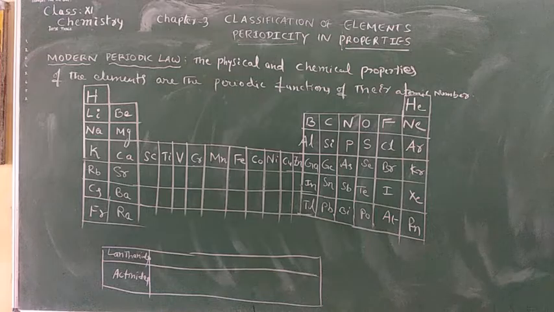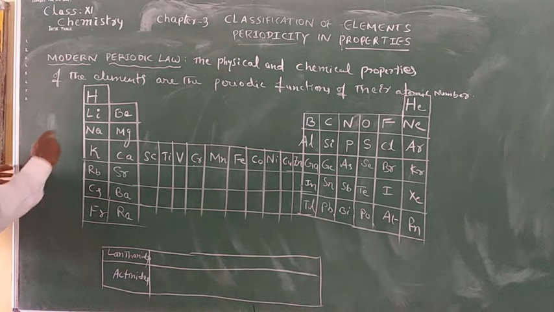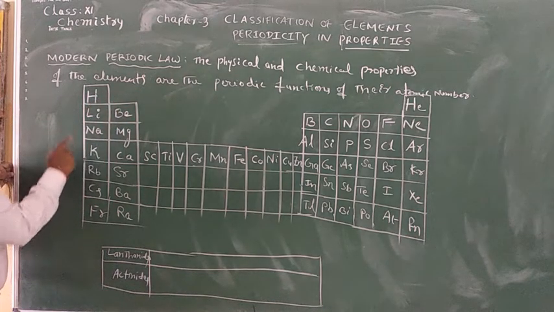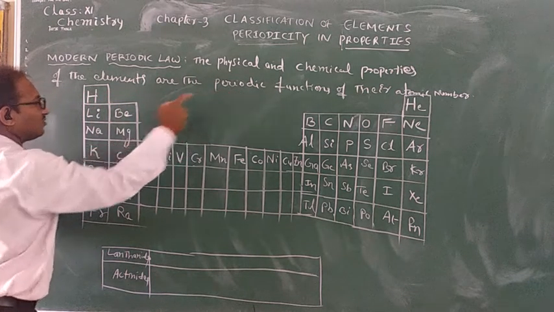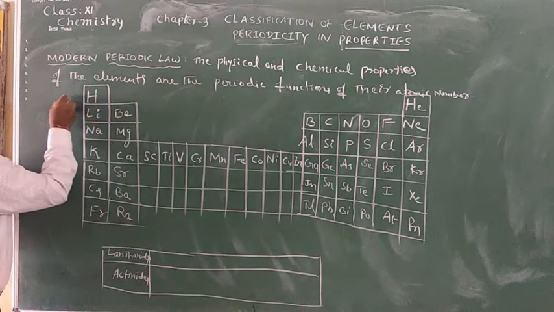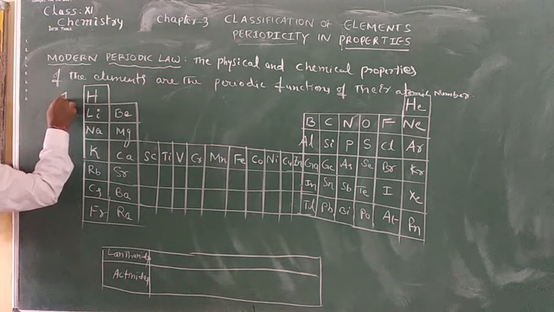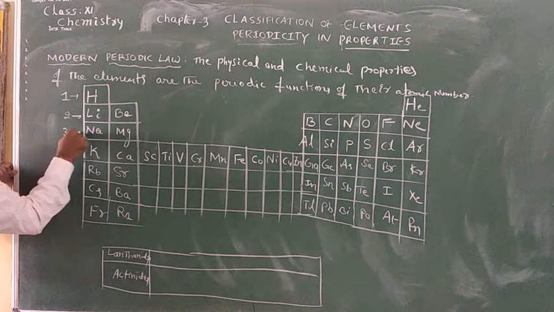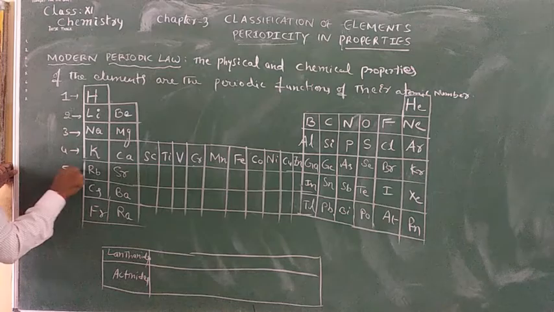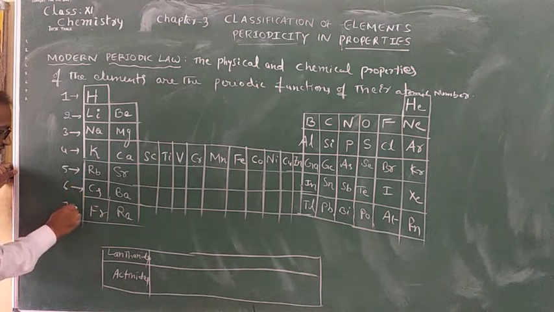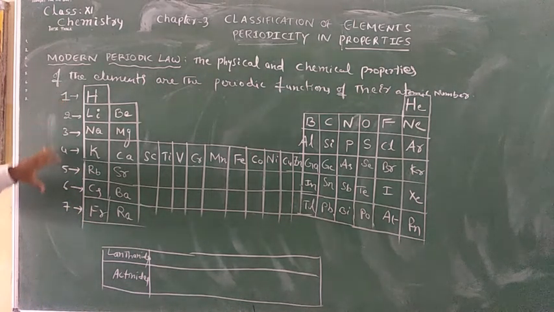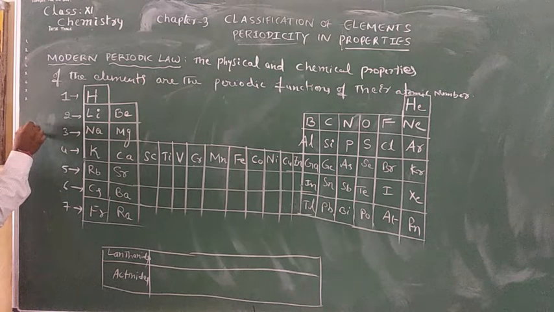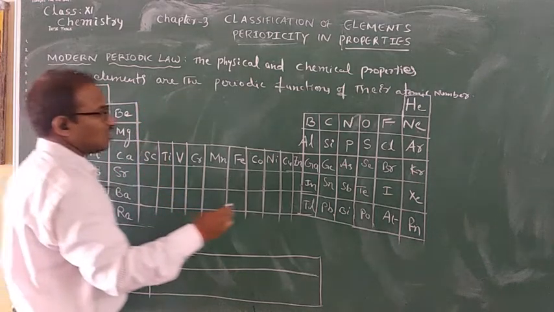Now, the horizontal rows here: first row, second row, third row, fourth row, fifth row, sixth row, seventh row. These horizontal rows are called periods.